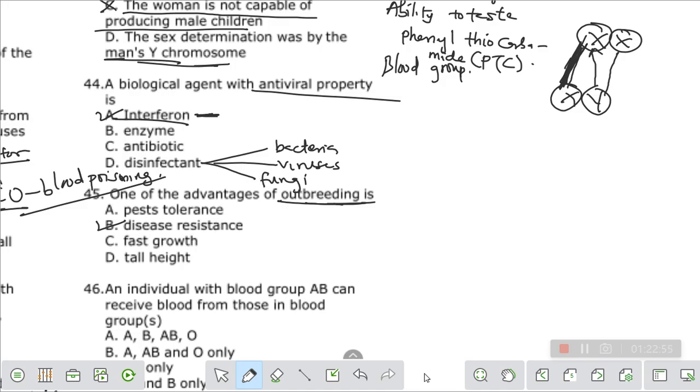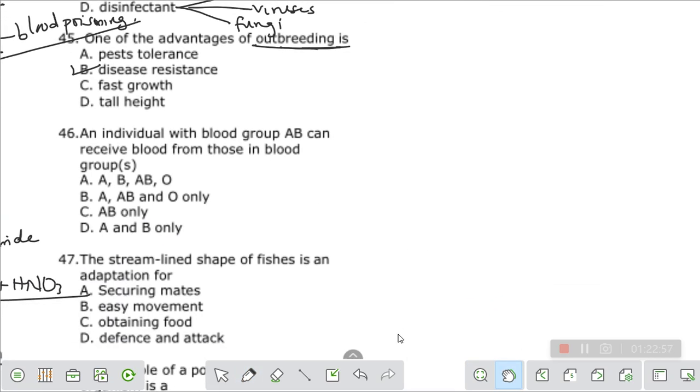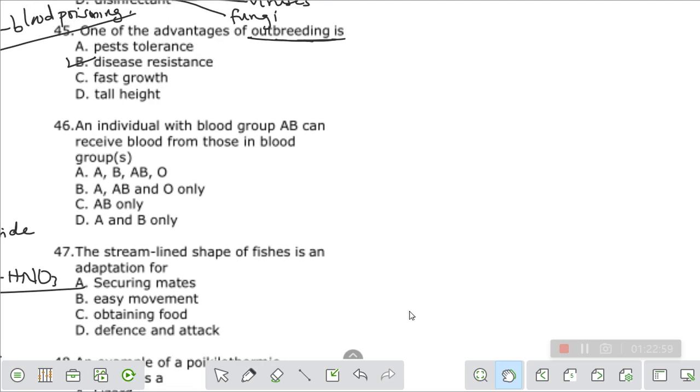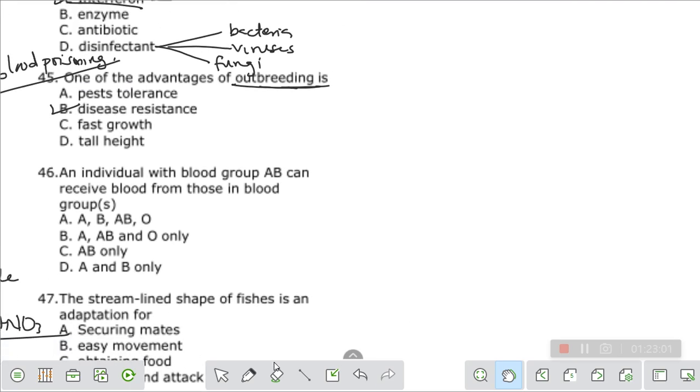It can give blood to all of them: to itself, to AB, to B, and to A. So it's not specific. It can give blood to any of these 4. Do you get it? I think you get it now. So it's actually universal.